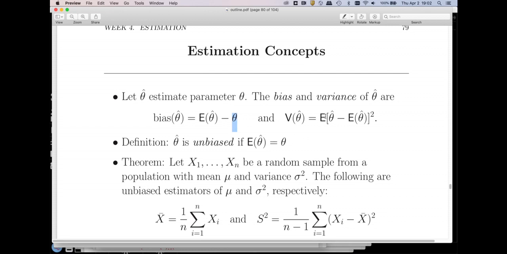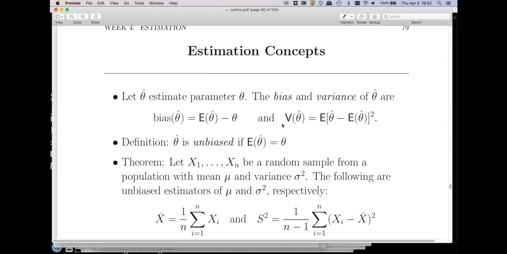Then the variance of the estimator is just saying, well, how far do you think you're off in squared units? So what is the expected value of theta hat minus its mean, squared? So on the average, how far am I from the mean of this distribution?